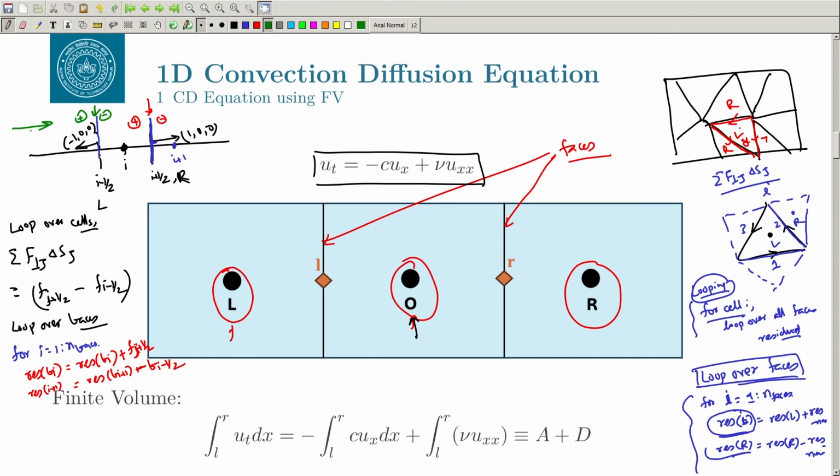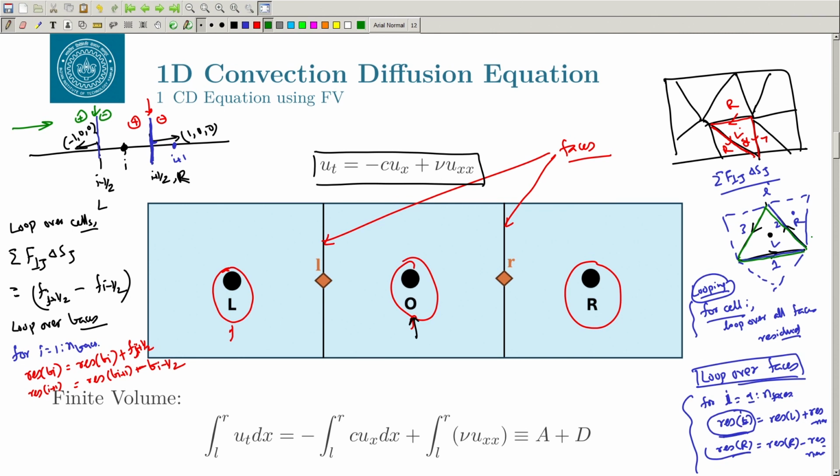The same philosophy works in 2D flow also: you loop over faces, calculate the residue, keep on adding on the left cell and subtract from the right cell. If you do that, you ensure that all the contributions due to all faces in the cell have been taken care of, right. Normally this approach, where you loop over faces, is followed more.